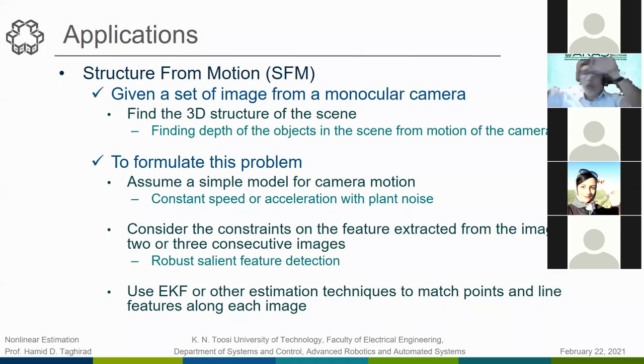And then we add other images the same way, and we have the RANSAC problem or some other means to do that. And most of the problems in the literature are based on EKF. And this is the classic way to do that.